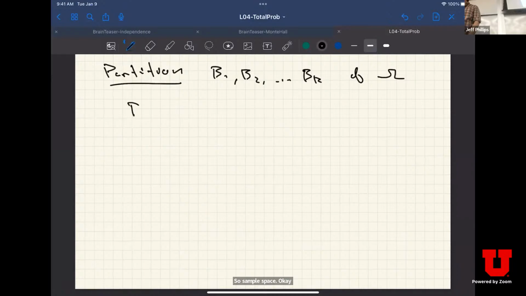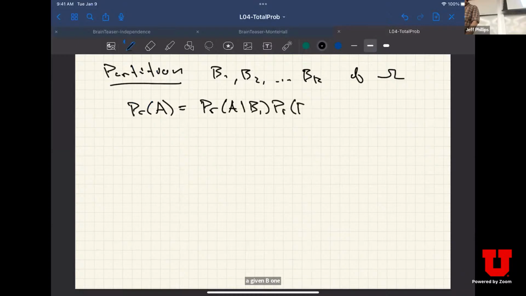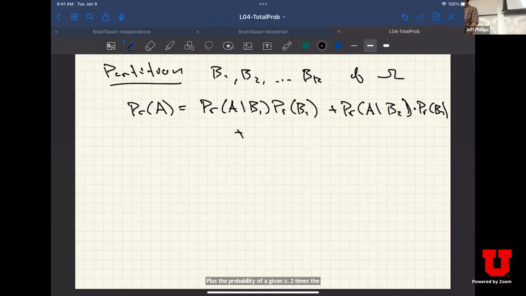Then I can say that the probability of an event A, which is another event, and I can think of each of the Bj's as events, is equal to the probability of A given B1 times the probability of B1, plus the probability of A given B2 times the probability of B2, plus ... the probability of A given BK times the probability of BK.